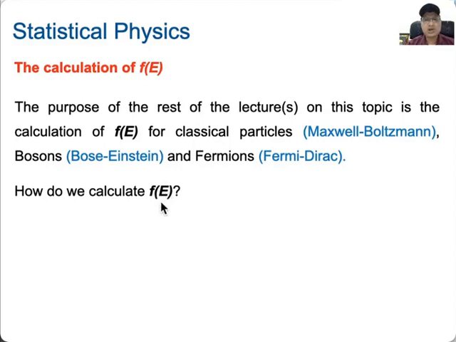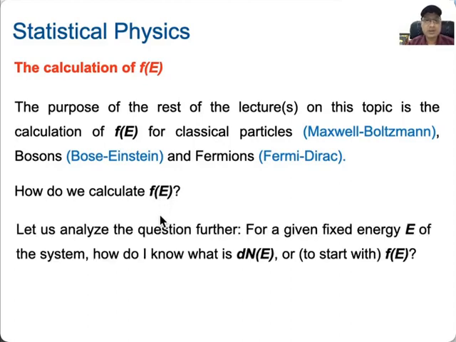So now the question comes, how to calculate f of E? Let us analyze the question further. For a given fixed energy E of a system, how do I know what dn of E is, which was the number of particles between E and E plus dE? Or let's start with f of E, and we will handle the other important quantity, the density of states, later.